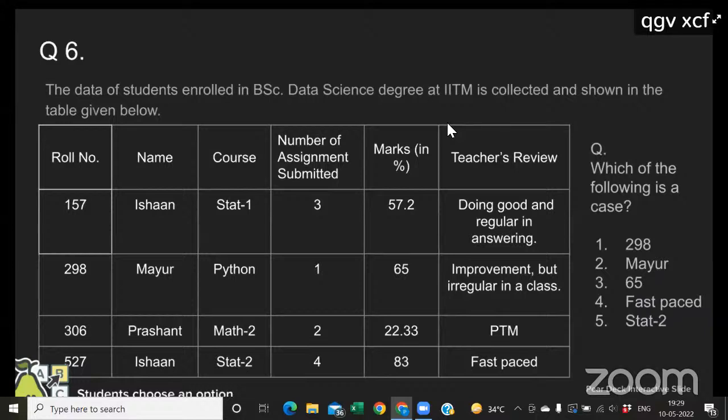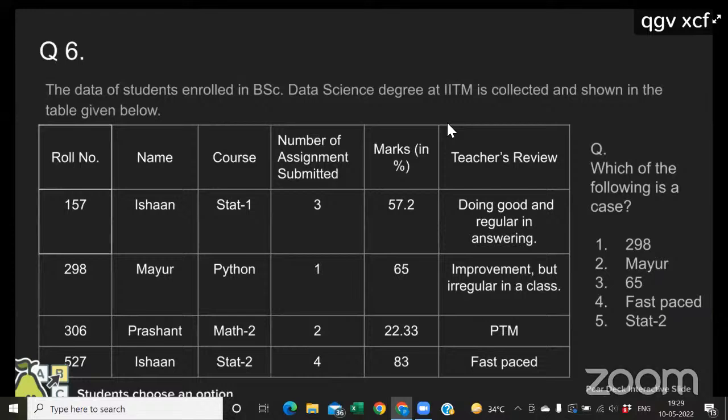Suppose you then give the conclusion to the school principal, saying the average marks of the whole class is 70. This is inferential. On the basis of those 7 students, you said that the average marks of the whole class, the whole population, is 70. That is inferential.